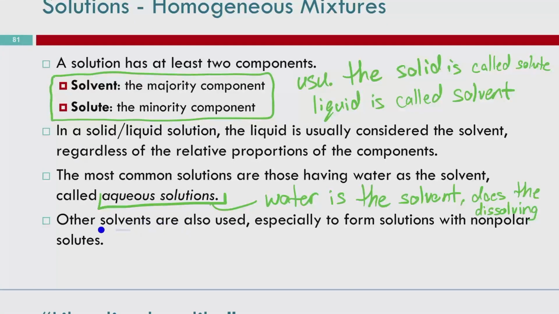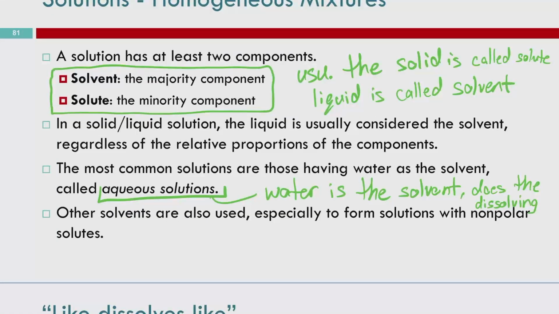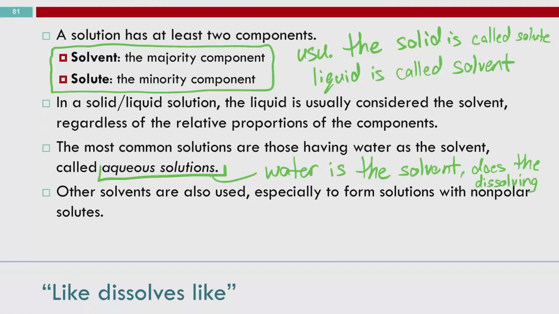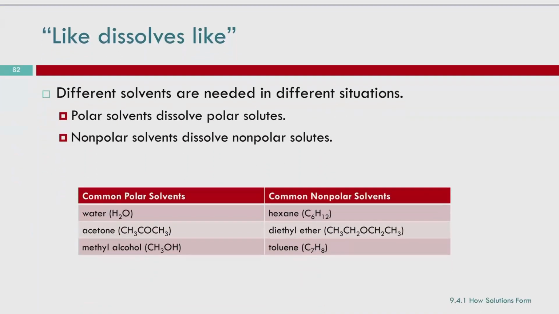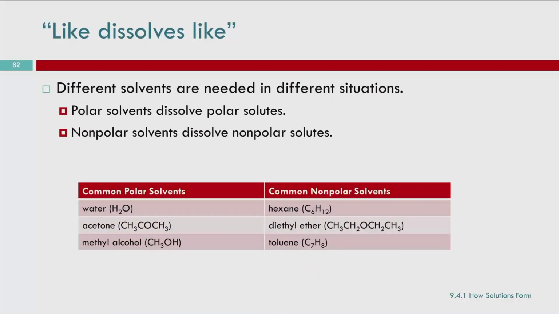There are other solvents used, especially if you have non-polar solutes. Our rule for what things will dissolve what other things is very general. It's like dissolves like. And what this means is that polar solvents dissolve polar solutes.